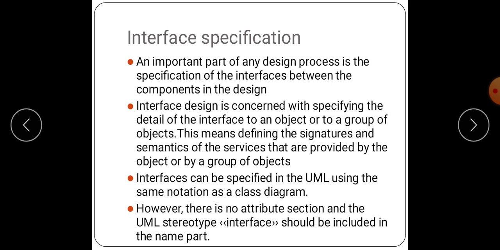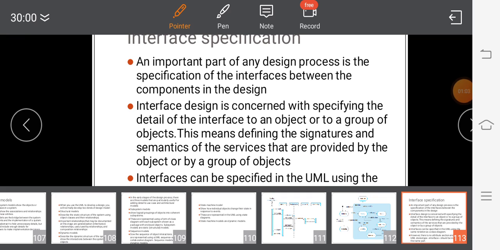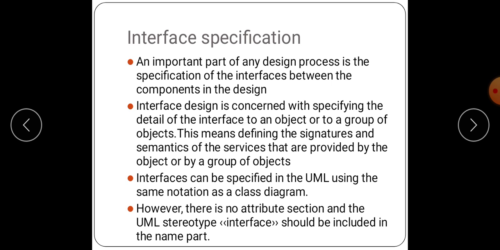This means define the signatures and semantics of the services that are provided by the object or by the group of objects. Okay, interface can be specified in the UML using the same notation as a class diagram.